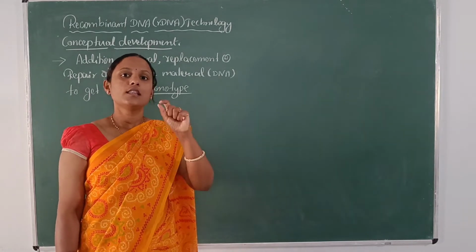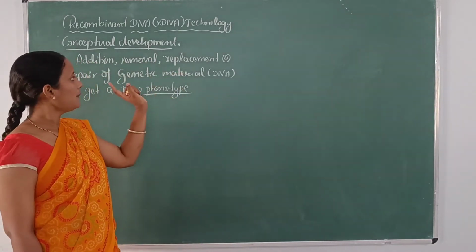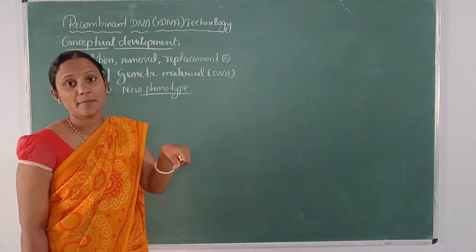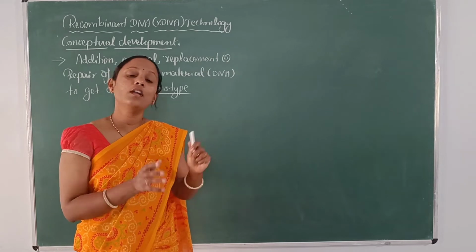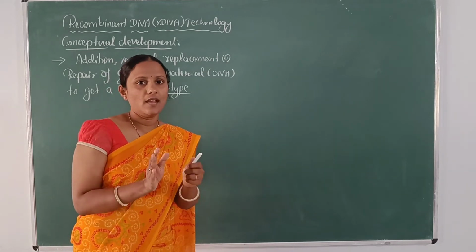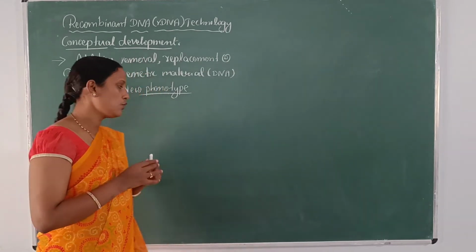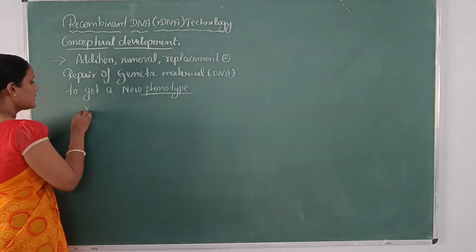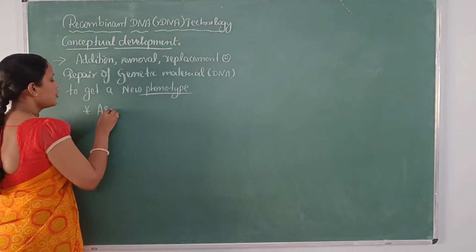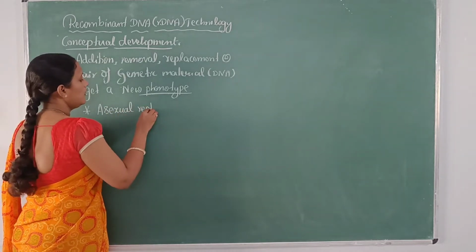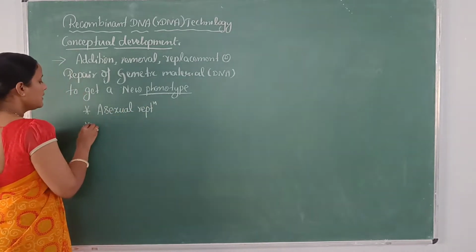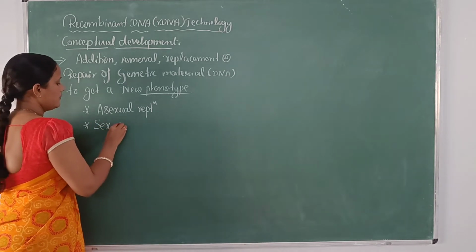Yes, of course, this process, addition or replacement or change in the genetic material, happens naturally upon reproduction. And we know that there are two types of reproduction. One is asexual reproduction and sexual reproduction.